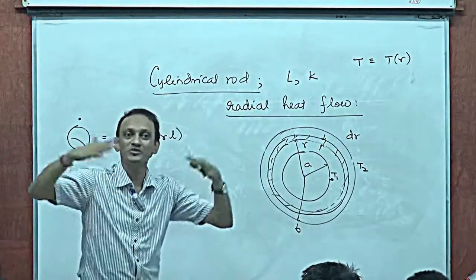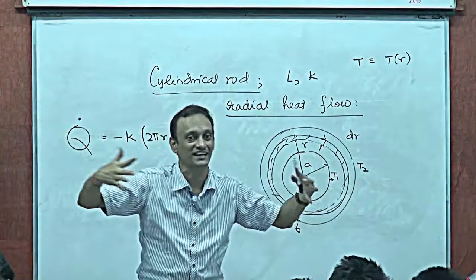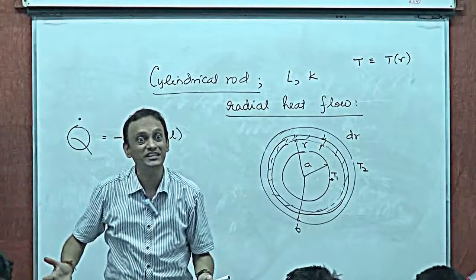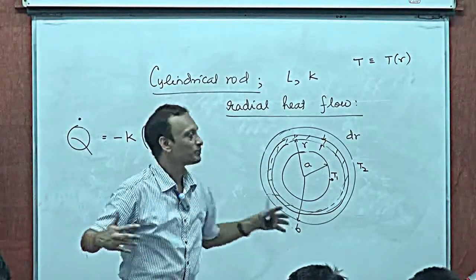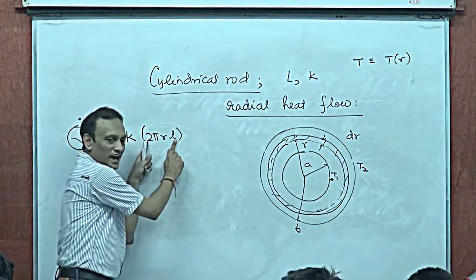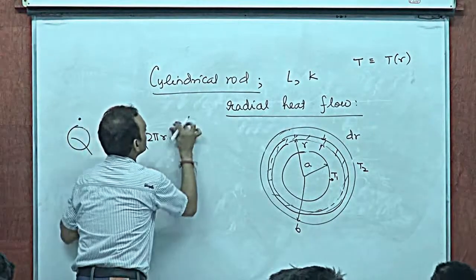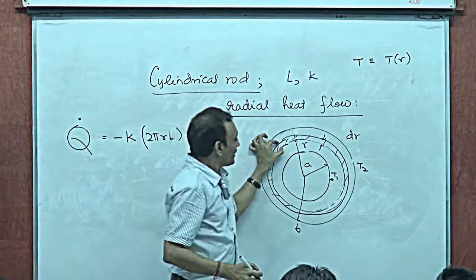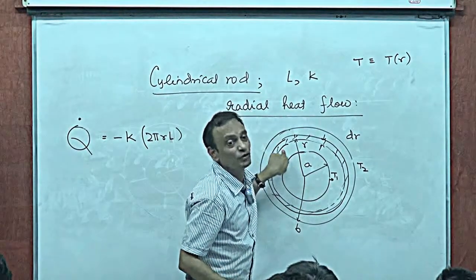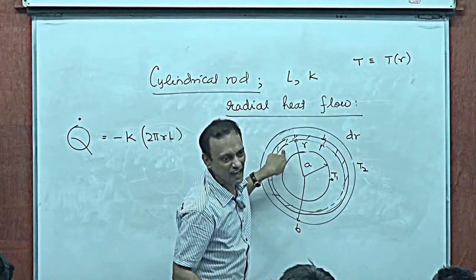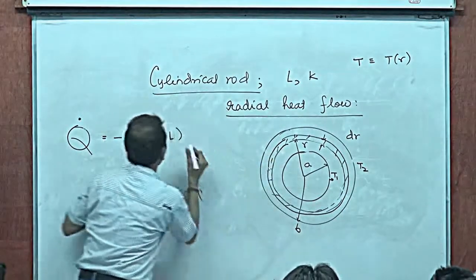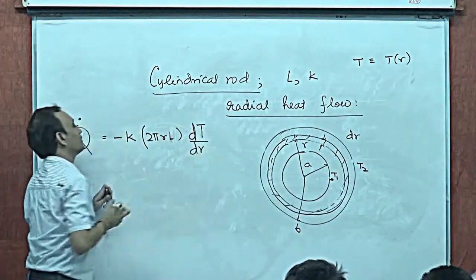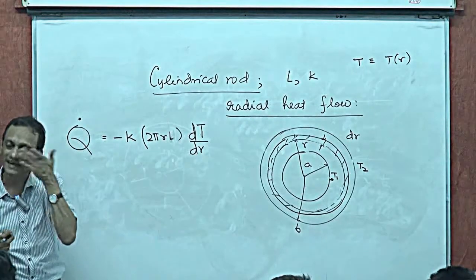And you can also associate cylindrical wavefronts with this. As the current is passing radially outwards, you can imagine cylindrical wavefronts. So 2 pi rl, where L is the length of the cylinder, times k, and the temperature gradient at r would be dT/dr. Yes or no?